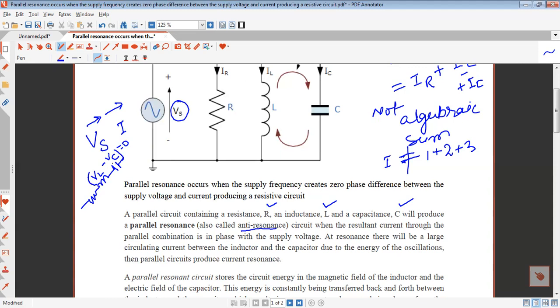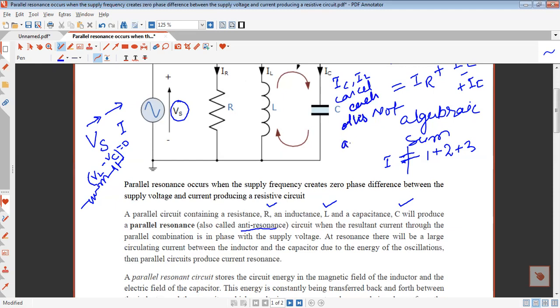At the resonance of the series circuit, the voltage is the same. Here at the resonance of the parallel circuit, the current in the inductor and capacitor will be the same and opposite in phase. Whatever magnitude of current is here, it will be the same here, but in the opposite direction. So they will cancel each other. It means IC and IL cancel each other during resonance only.